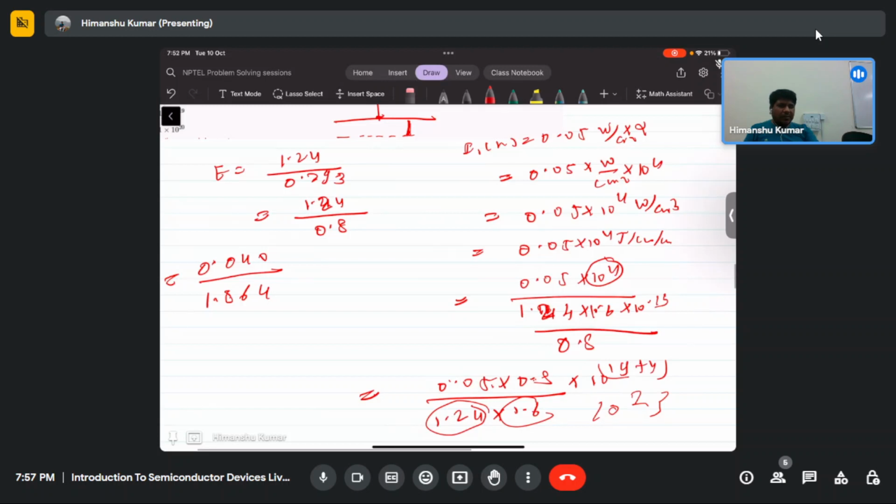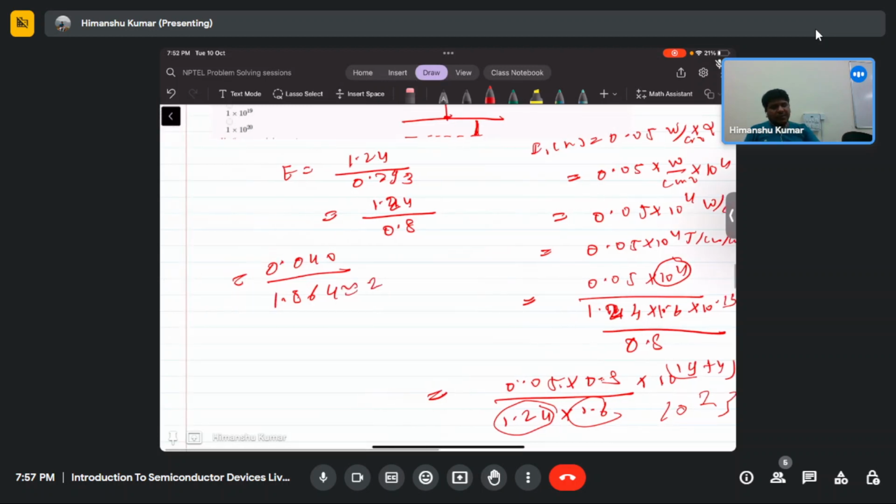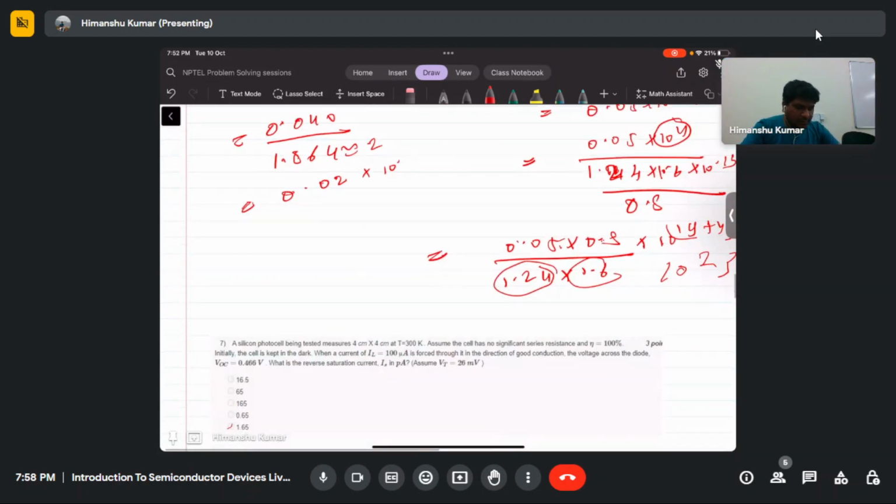If you approximate it as 2, then you will come around 2 multiplied by 10 power something. Yeah, I understand.